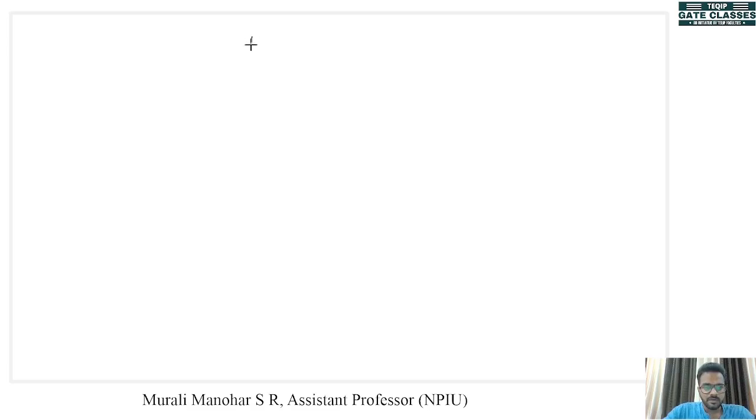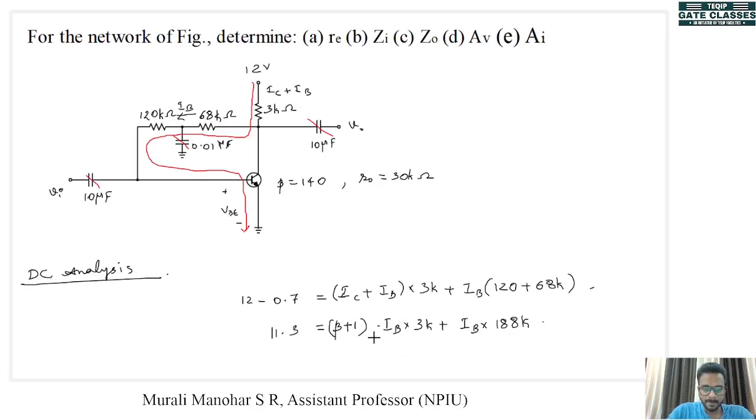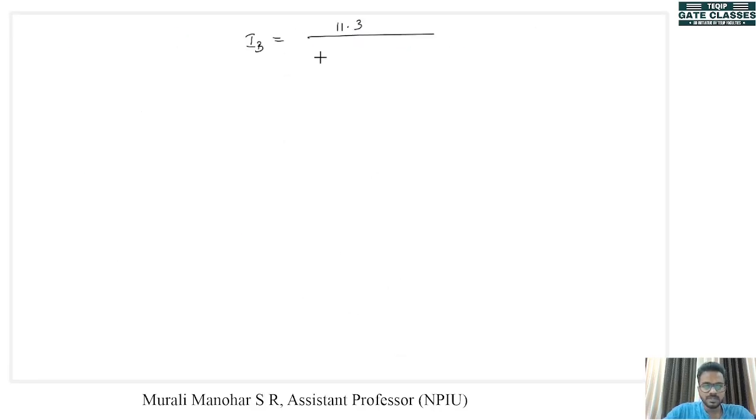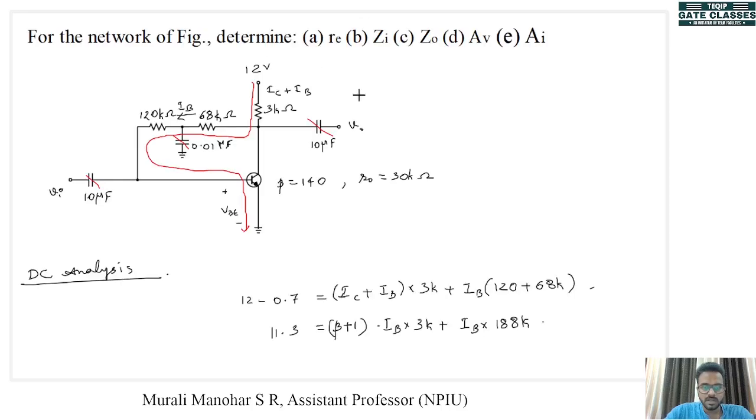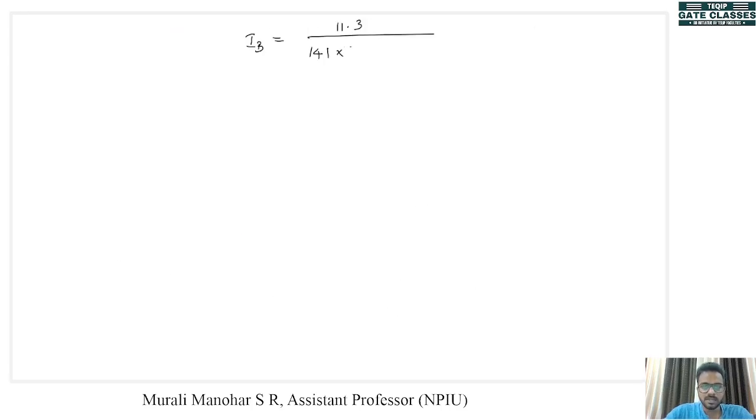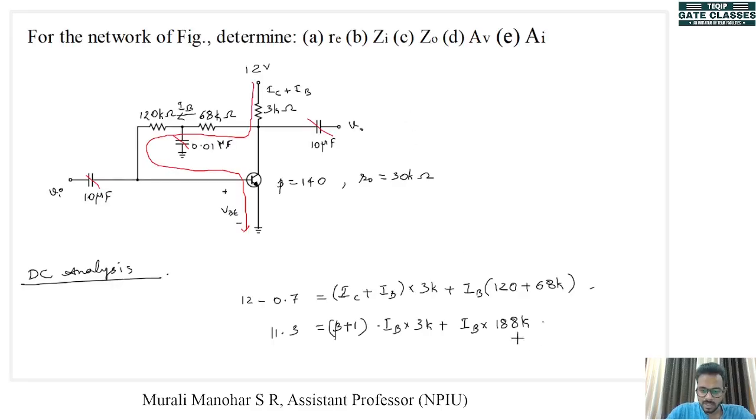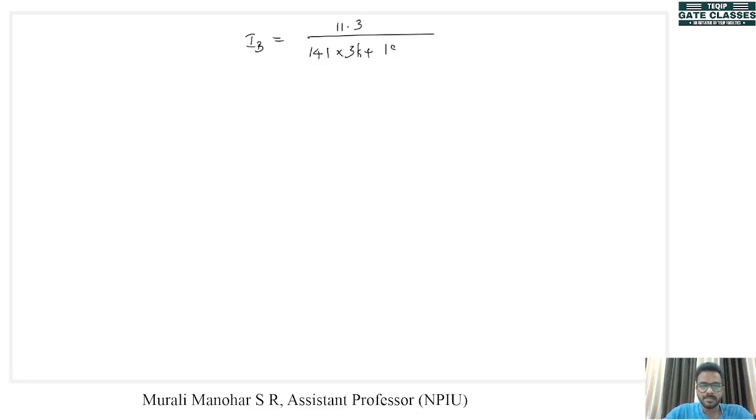So IB will be equal to 11.3 divided by, beta is 140, so this becomes 141 into 3K plus 188K, and this will give us around 18.6 microampere. This is the value of IB.